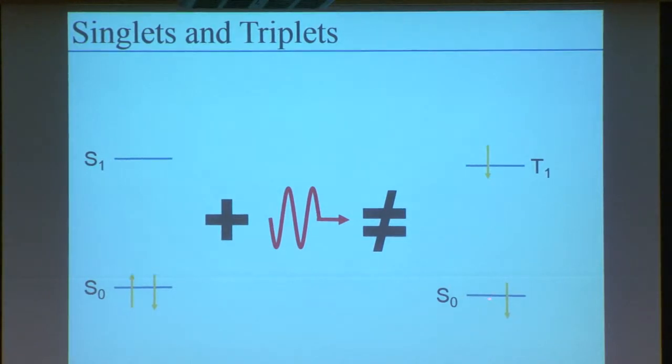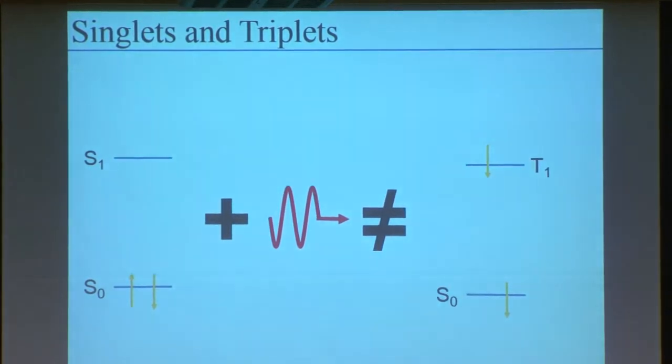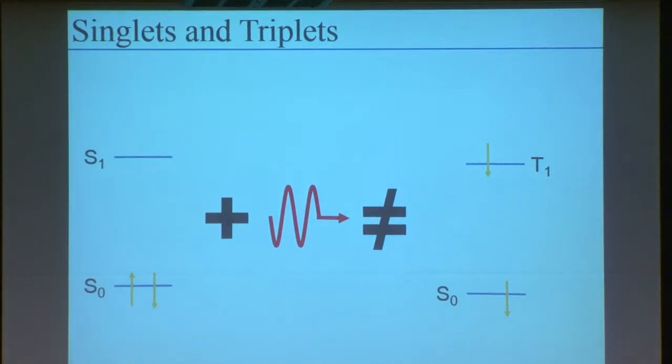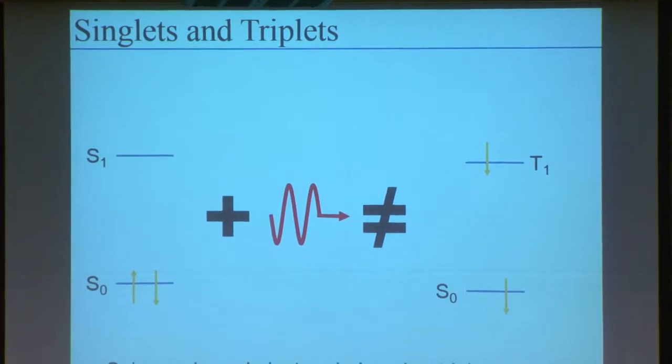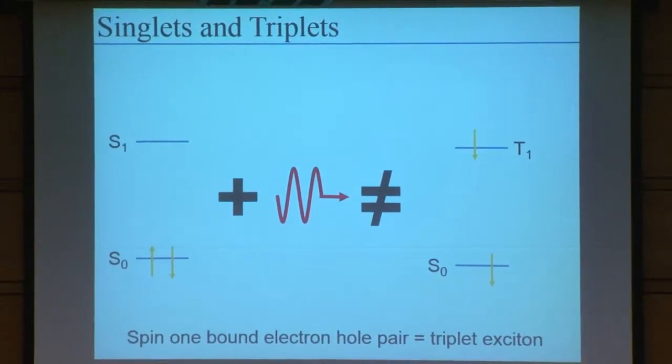It cannot go from the singlet state to the triplet state by absorption of a photon. And so these states are very long-lived. And they're also typically lower energy in organic molecules. And it's the interaction between these two states that we're going to play with extensively here to try to accomplish our goals. So again, a spin 1, because the electrons are paired, bound electron-hole pair we call a triplet exciton.